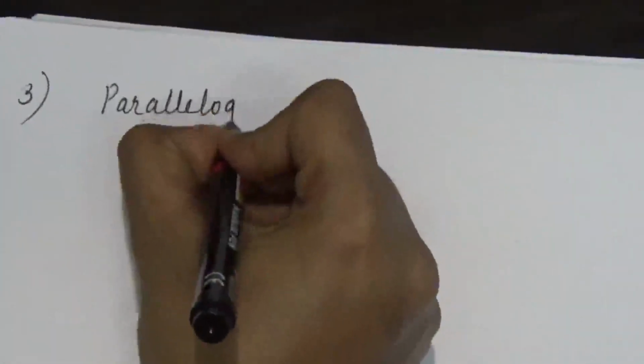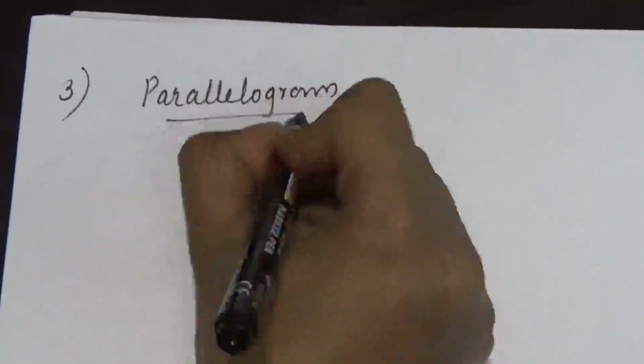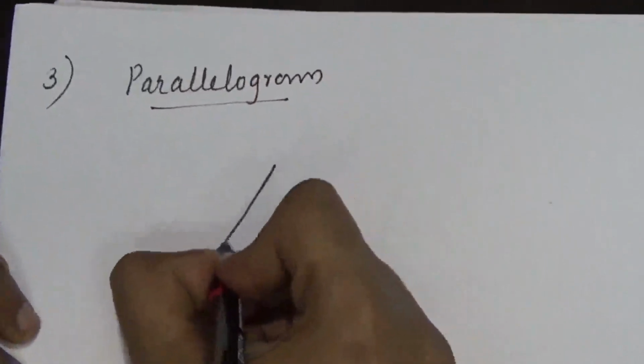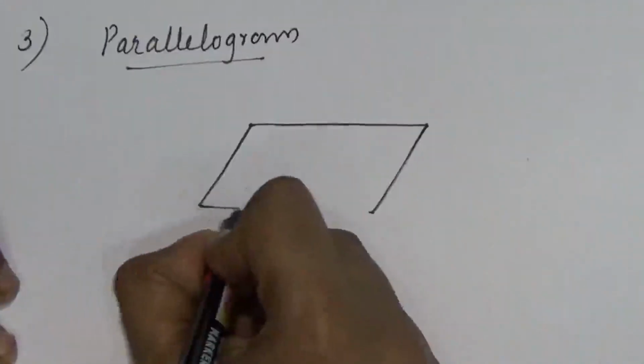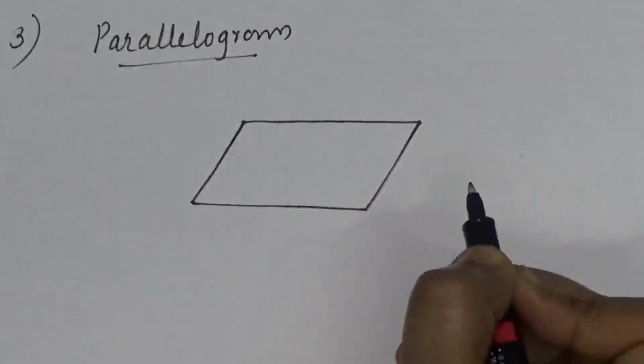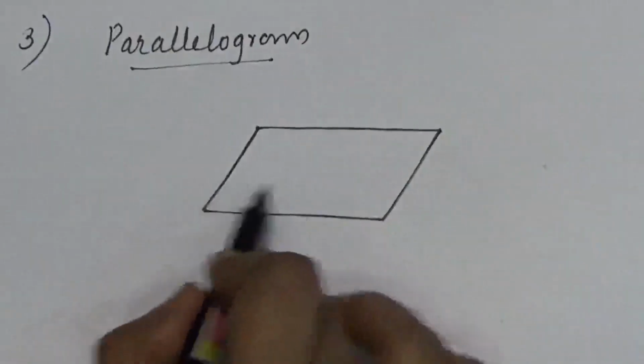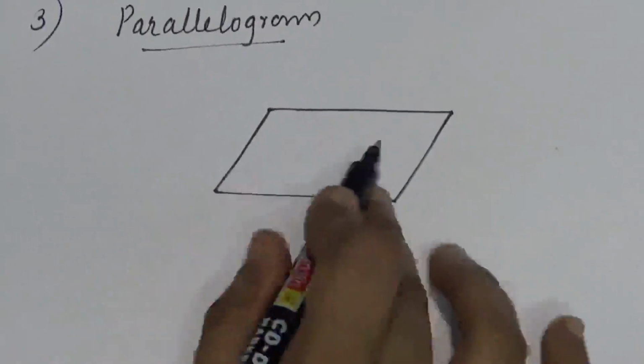Third type of quadrilateral, parallelogram. Okay, it's a quadrilateral. It has two pairs of opposite sides that are parallel.